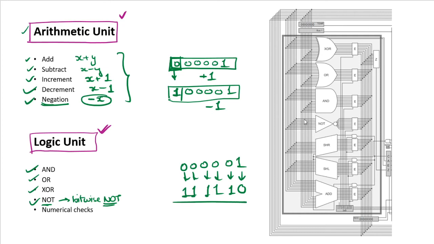Whatever bit is coming goes through the NOT gate, and the toggled value of that bit goes out. So this is one way of looking at negation.